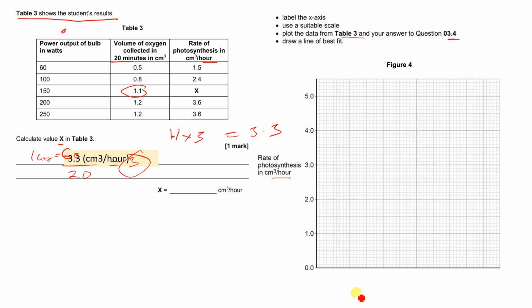That's your x-axis, so that will be power output of bulb in watts.